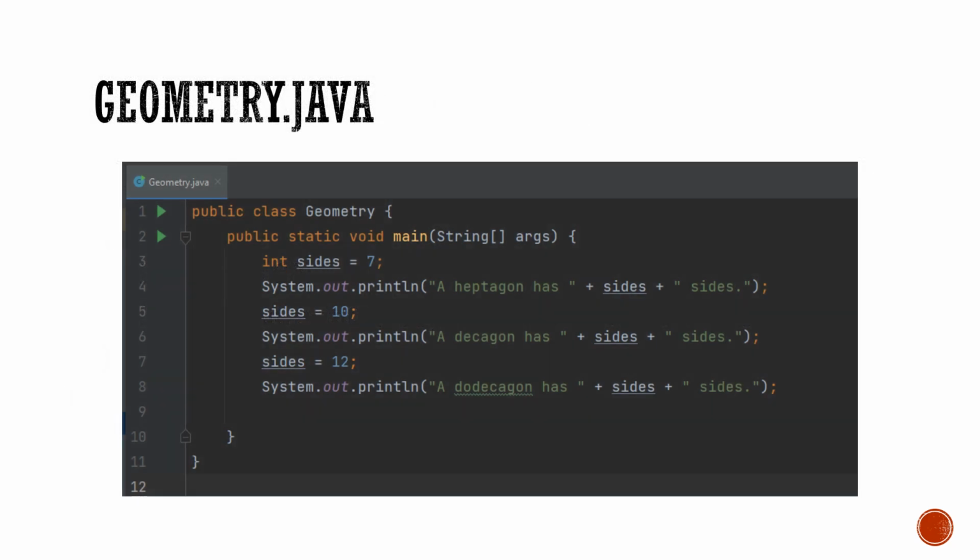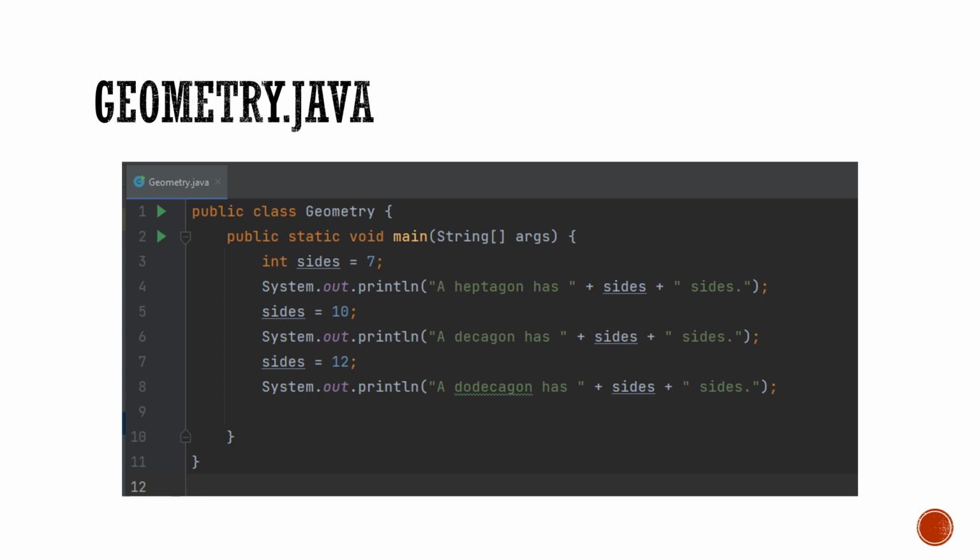Here is a program called geometry. Can you guess what the program will print out? If you stated that the program will replace the word sides with the number we assigned to the variable, you are correct. Now, in this program, we have to restate what the variable will represent.